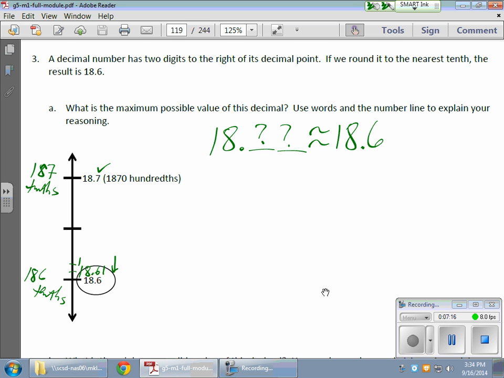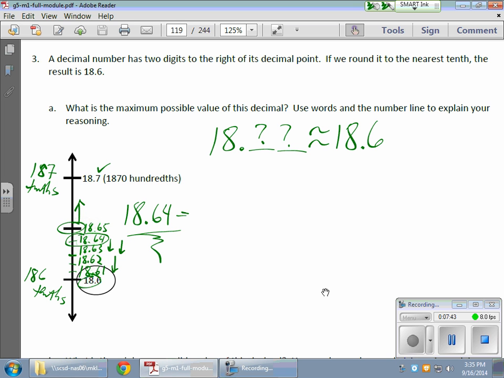Or if I had 18.62, still round down. 18.63, 18.64, all rounding down. As soon as I get to 18.65, though, I'm right in the middle, and I'm going to wind up going up. So the maximum value I could possibly have that will round to 18.6 would be this right here, 18.64.